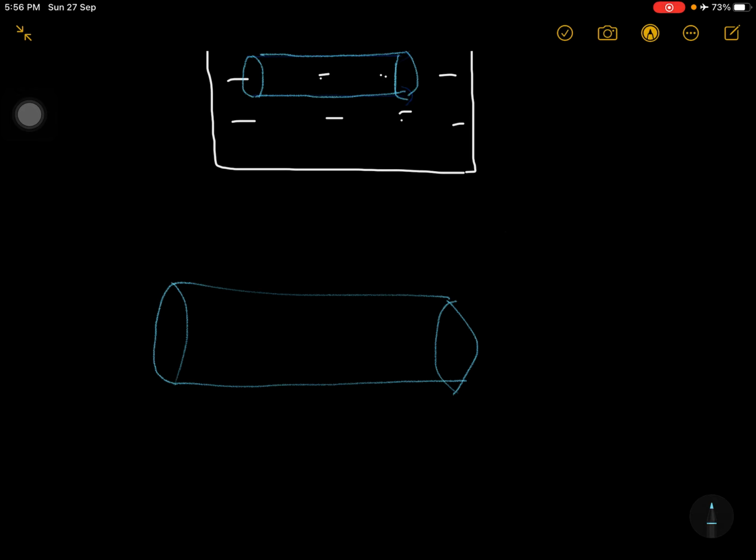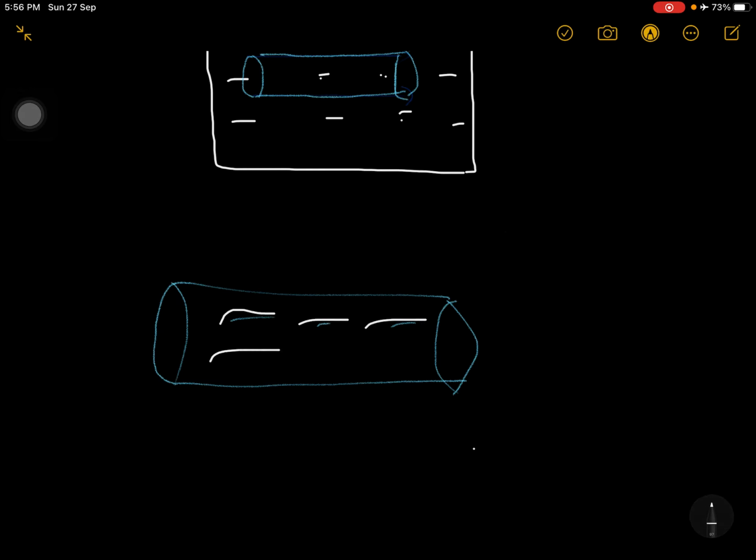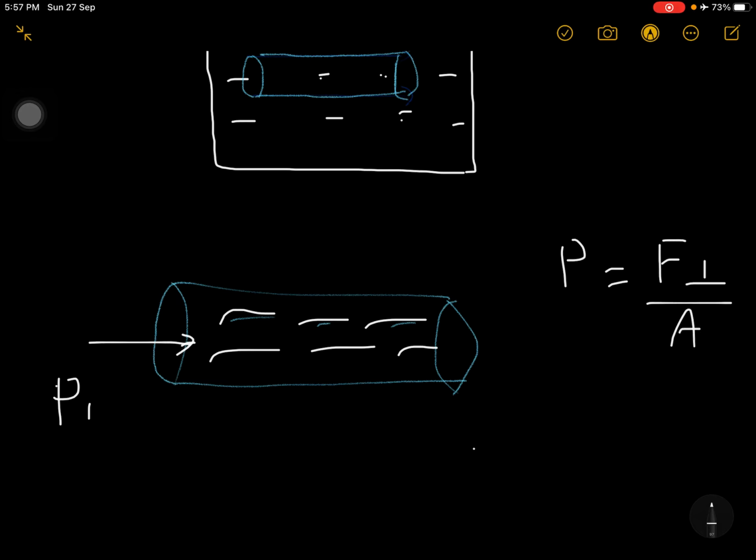Here fluid is present in it. Let us assume the pressure here is P1. I told you that pressure is perpendicular force upon area, so force is equal to P into A. So the force applied in this direction is P1A.